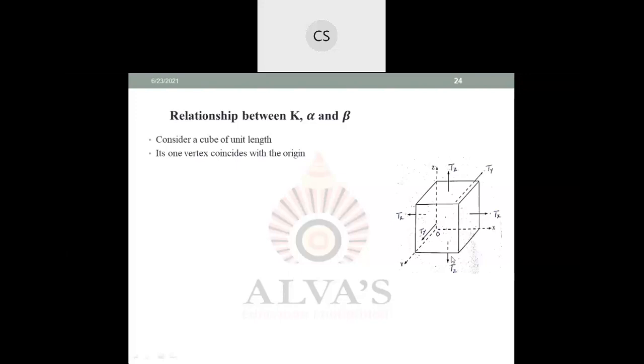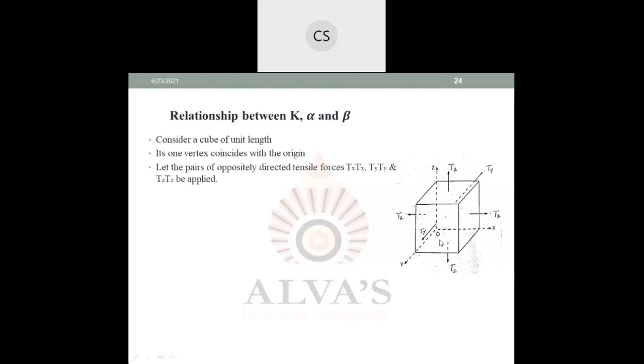Consider this unit cube, and one of the vertices, one of the corners of the cube, lies at the origin of the x, y, z coordinates. Let us say O is the origin.